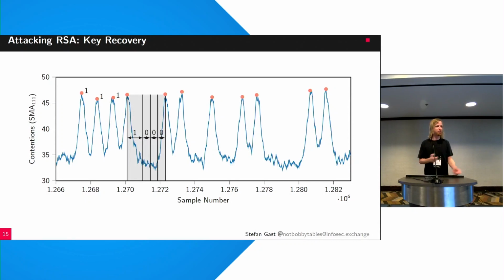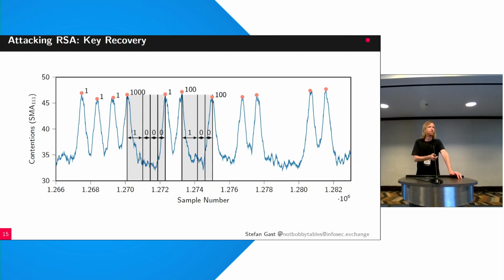As you can see here, basically we see the ones in the exponent as a peak in the signal, and we can see how many zeros are between the peaks by just measuring the distance.